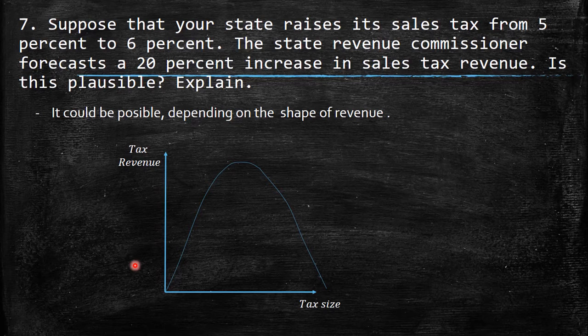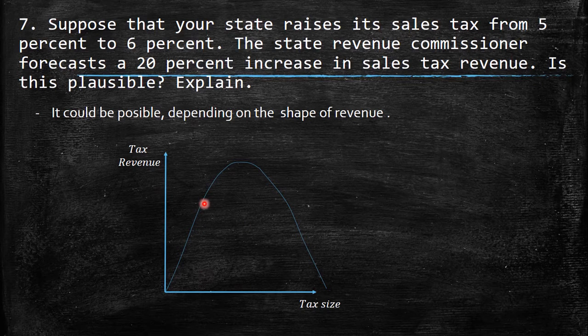It means it has a maximum, so it's going to be this value. It's going to be shaped by a function where you can find the maximum value over here. So imagine that 5% is this one, and 6% is this one.